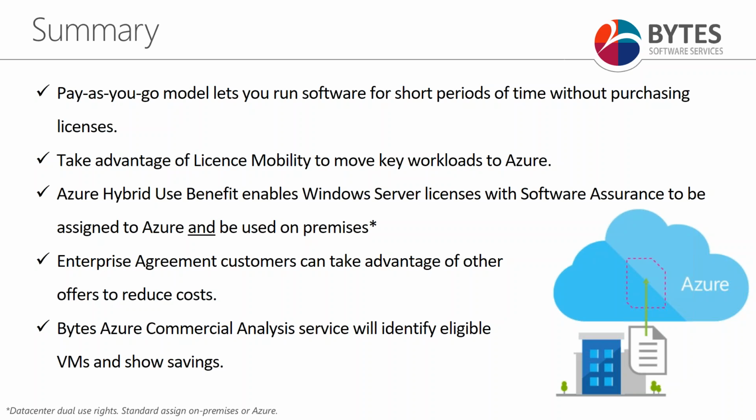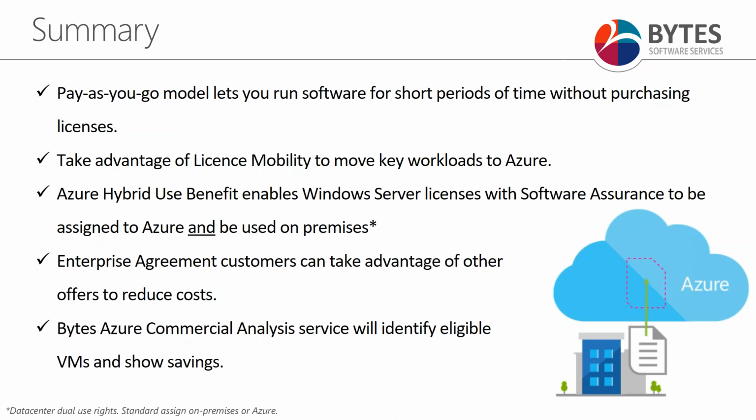To take advantage of license mobility, you have to have software assurance, but it can reduce the costs if you've got workloads that are always on. So we can, again, as part of the analysis service, compare the differences between the pay-as-you-go option versus using your volume licensing agreement to purchase perpetual subscription licenses.